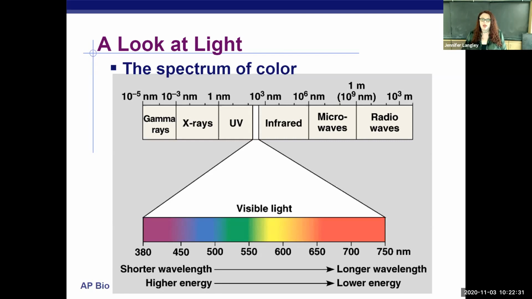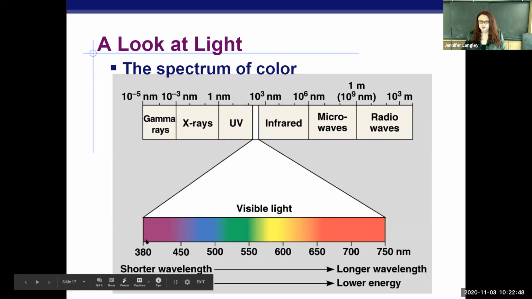Light acts as both a particle and a wave. It's weird. So these are all the things we can't see. We can't see any of these, but we can see this. All right, now purple, this is our shortest wavelengths. And as we move through the rainbow up to red, these are our longest wavelengths.